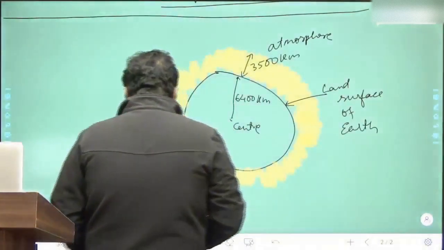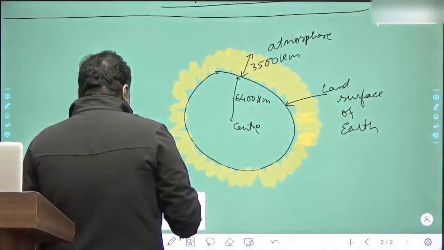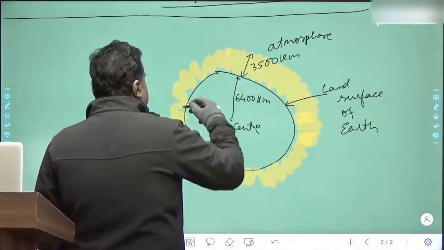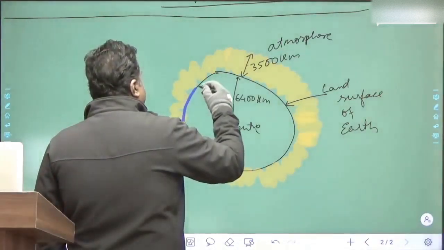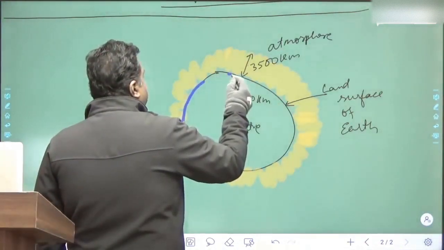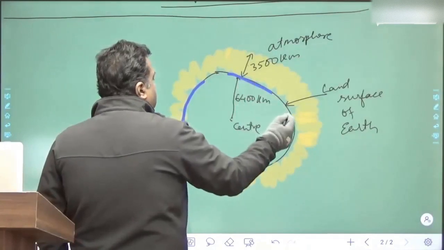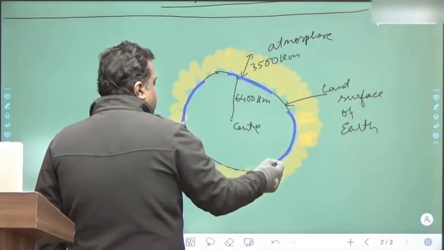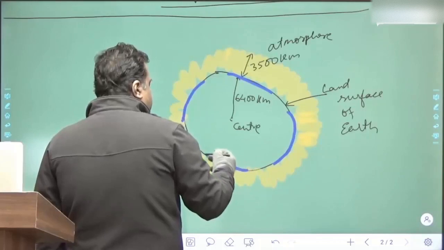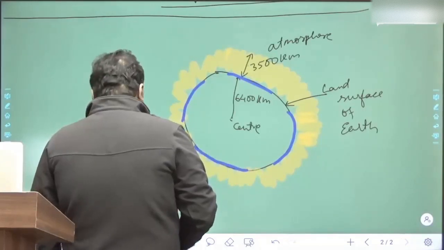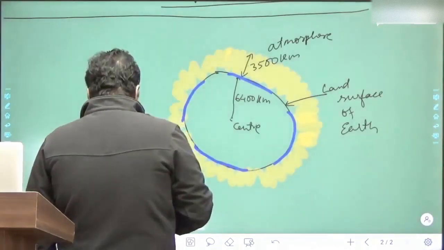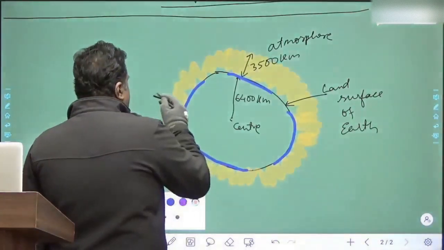Now on this earth, we also have the oceans. There is a region of the oceans also. So you can say there is a part of the land surface which is covered with oceans. Nearly 70% of the land is covered with oceans. So what is the thickness of these oceans?